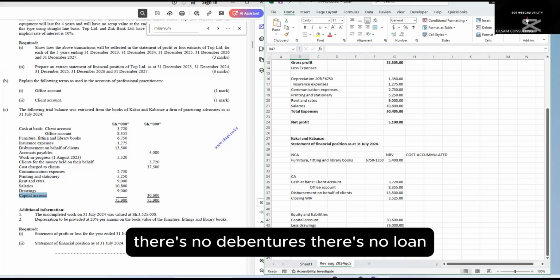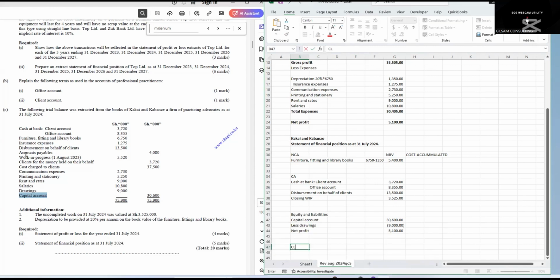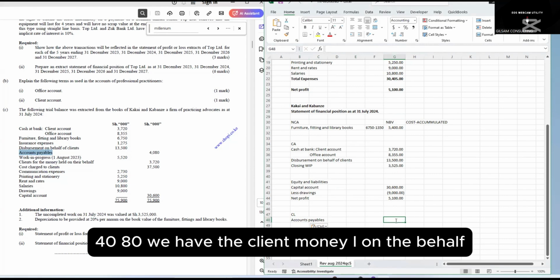That will enable us to go to the next element, that is the current liabilities. There is no debentures, there is no loan, so it means it is only current liabilities. We have accounts payable, 40, 80. We have the client money held on their behalf.